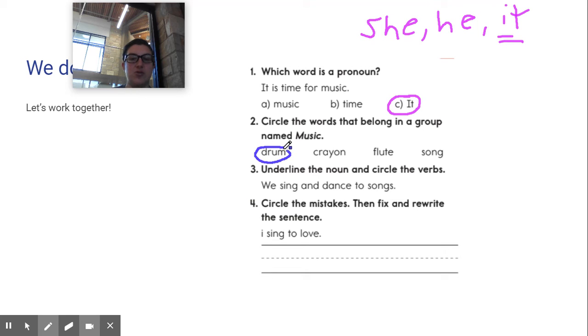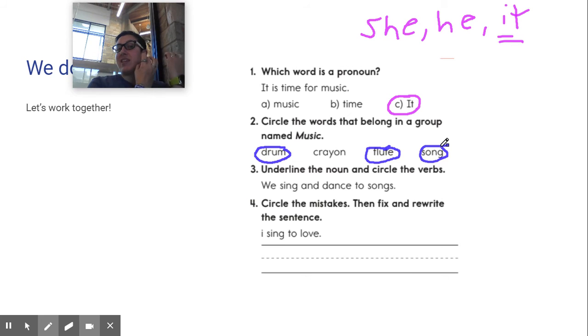So you should have picked drum, flute, and song. So drum is an instrument that you hit. A flute is the one that you play like this. And then a song is just a song. It's a musical composition.